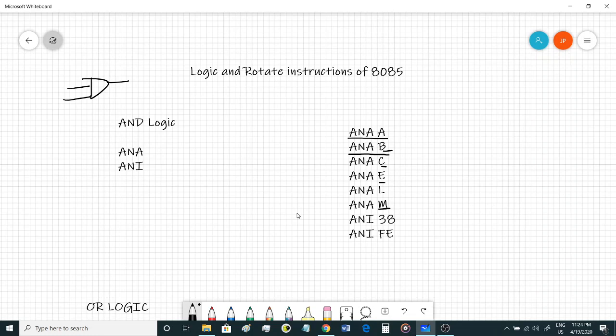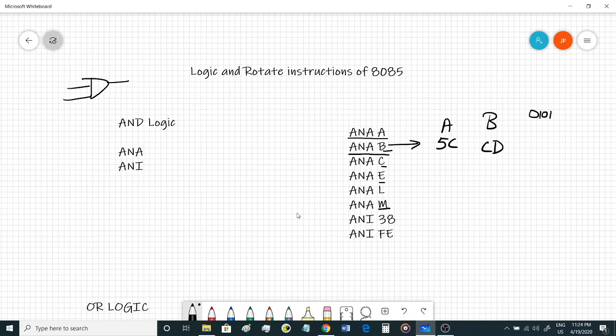Whenever we do AND logic, it is a bit by bit operation. Let's say you are doing ANA B, and A has the content 5C and B has the content CD. So it's basically a bit by bit operation. 5 is 0101.